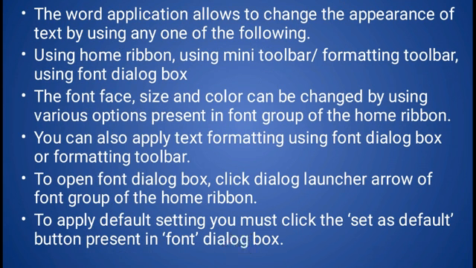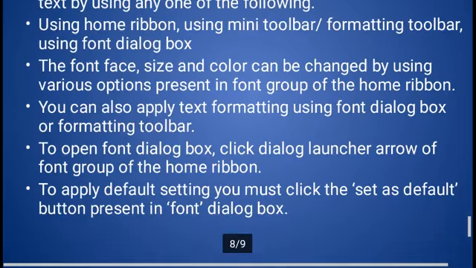This is a practical thing, so we will discuss it practically, but theoretically keep in mind we can change the font style, size, color, and bold, italic, underline. To apply default settings you must click the Set as Default button present in the font dialog box. So these are the options we can usually choose to decorate our data.